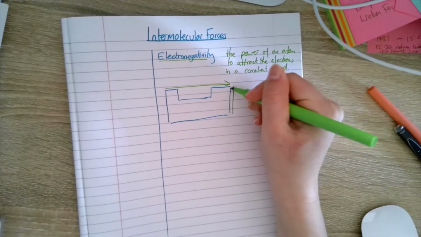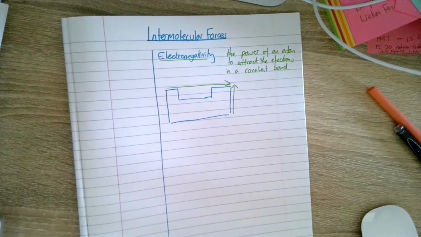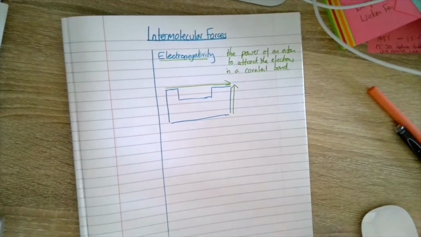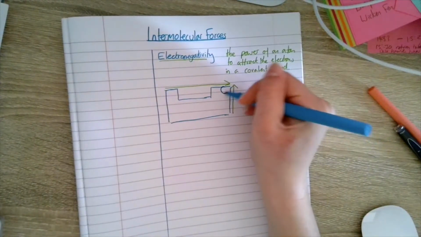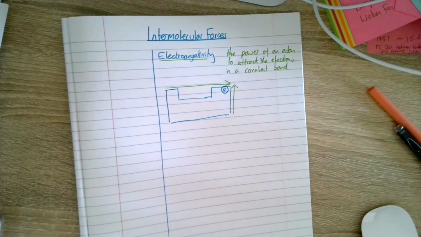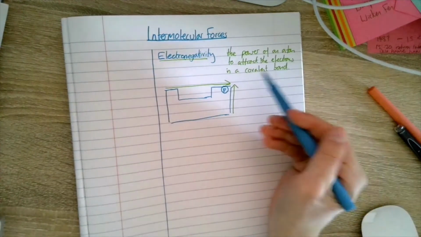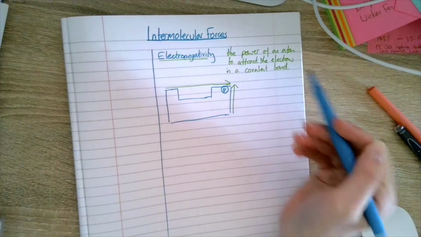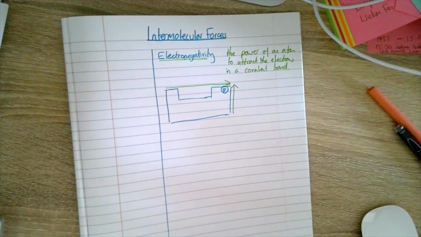So our most electronegative atom is our fluorine. Now our noble gases, we don't talk about those because, key point here, in a covalent bond, our noble gases are very unreactive. They don't tend to form covalent bonds, so therefore there's no need to talk about the electronegativity of the noble gases if they're not forming covalent bonds.